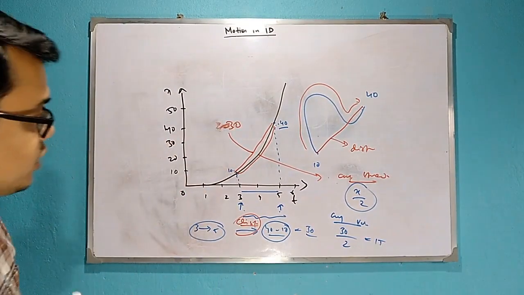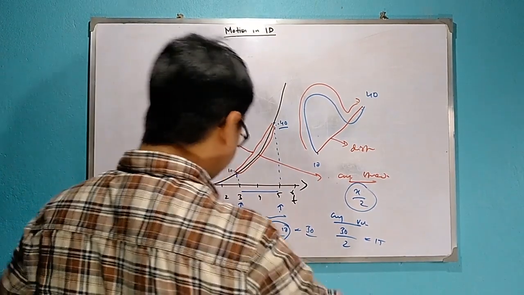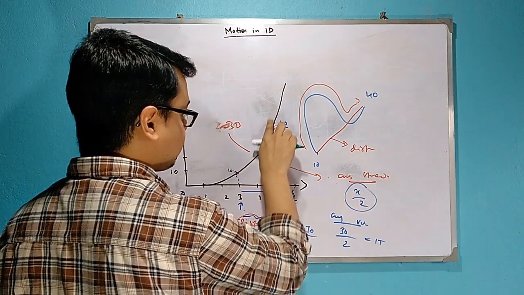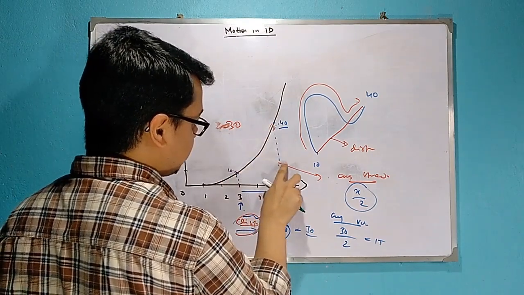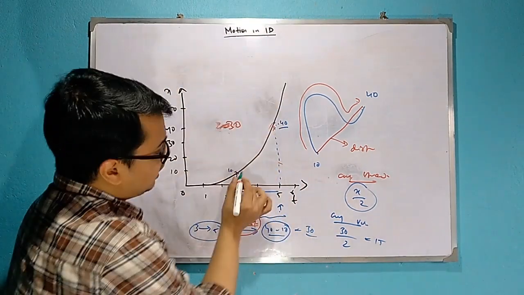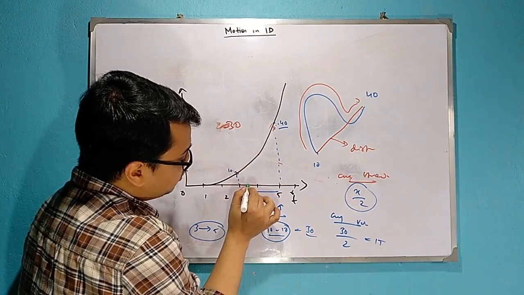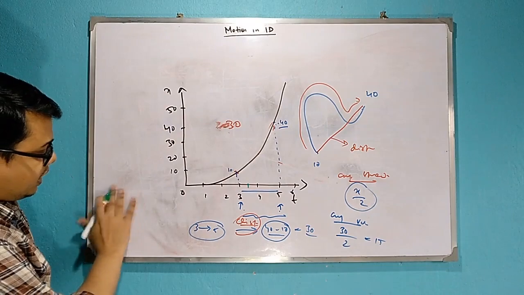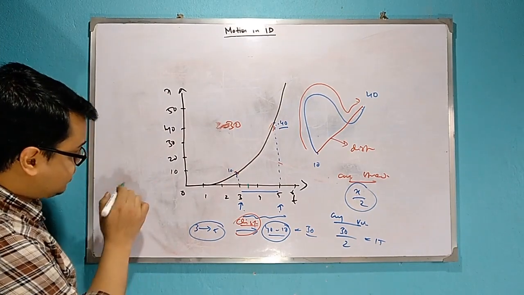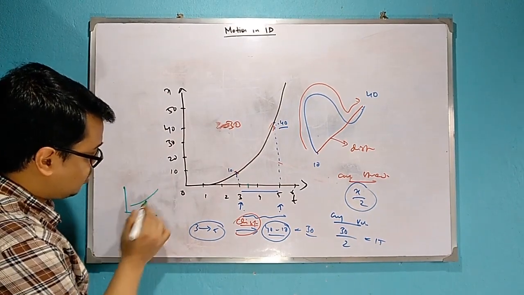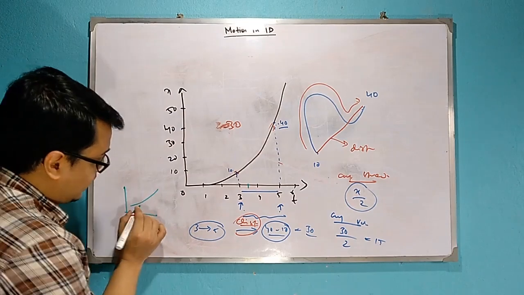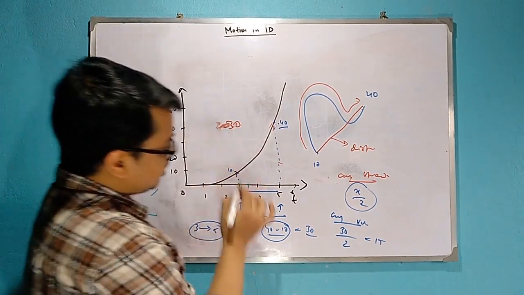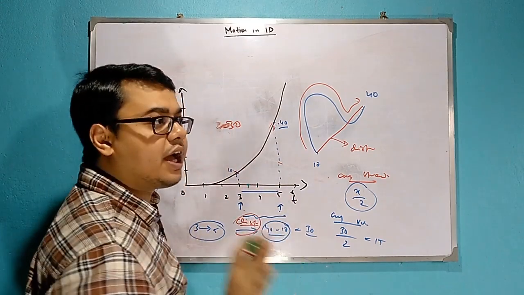But notice one thing. Here, suppose the graph is this one, and one concept is required. Between 3 and 4, what is the rate of change of x?